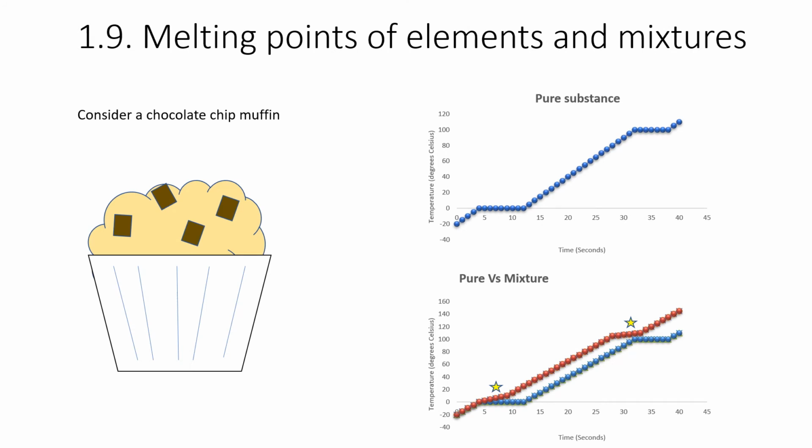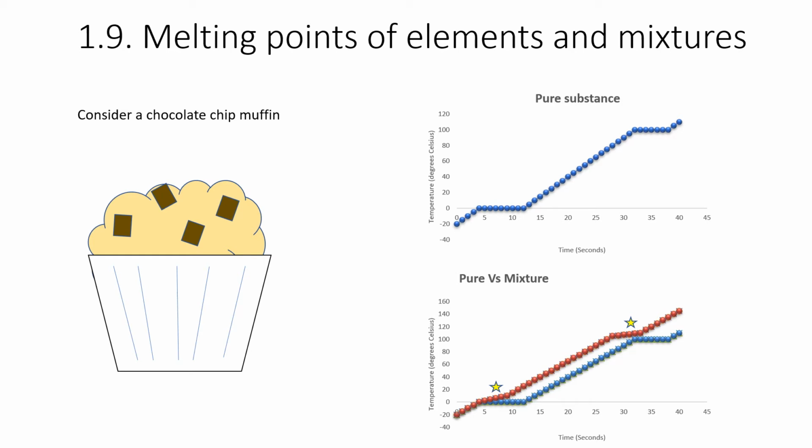Specification point 1.9. Understand that a pure substance has a fixed melting and boiling point, but that a mixture might boil over a range of temperatures. Okay, on the face of it, this can seem a little complicated, but it's not. Every substance, whether it is an element or a compound, has a specific boiling point. If you have a pure substance, that means that once the temperature is reached, the entire substance will melt or boil at the same time.